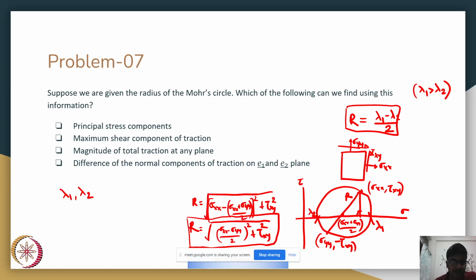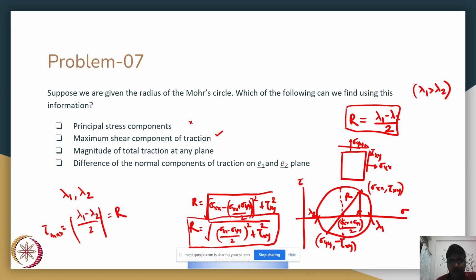Can we find the maximum shear component of traction? Yes, this is the maximum shear component, which is nothing but R. So this we can't, this we can.